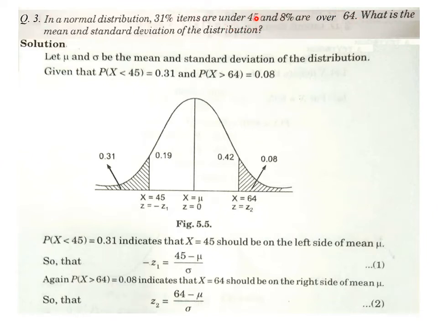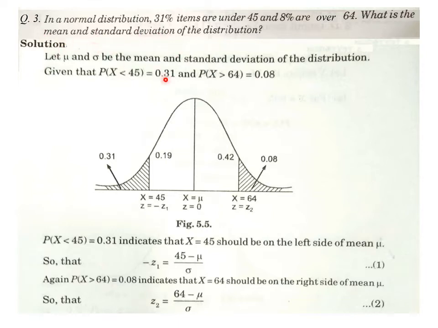So 31% means 0.31, P(x less than 45) is 0.31, and 8% means 0.08, so P(x greater than 64) is 0.08. Two probabilities are given and mu and sigma are to be calculated.